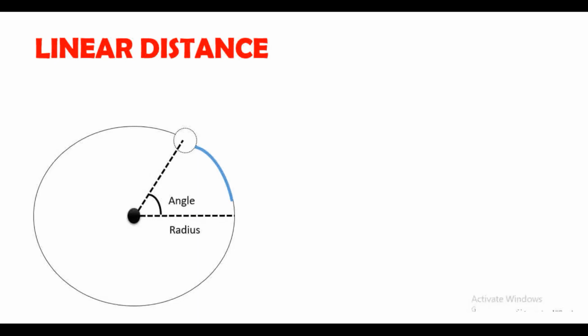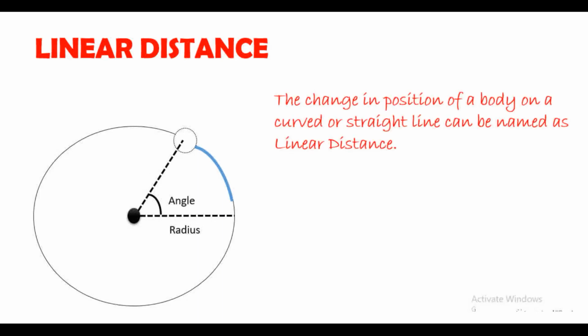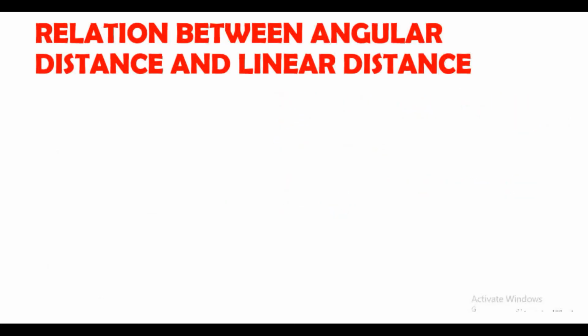In other words, when an object changes its position along a curved line or a straight line, it is named linear distance, and this linear distance can be measured in meters.